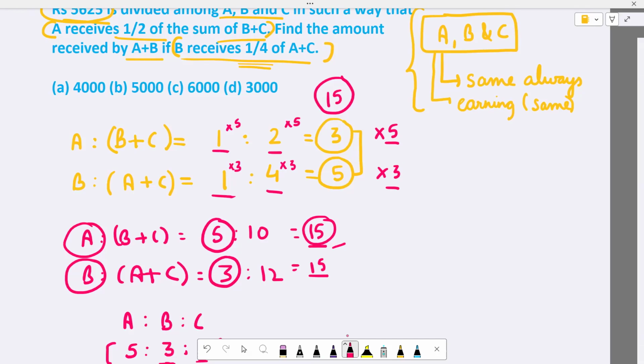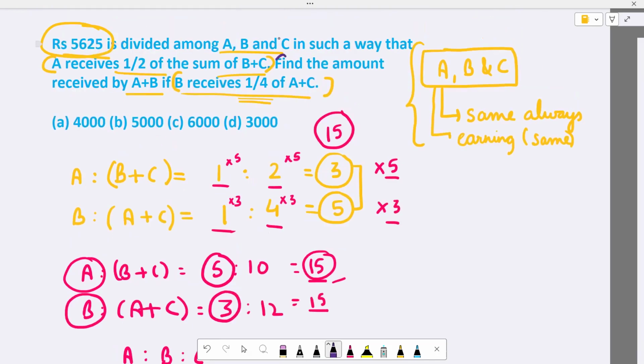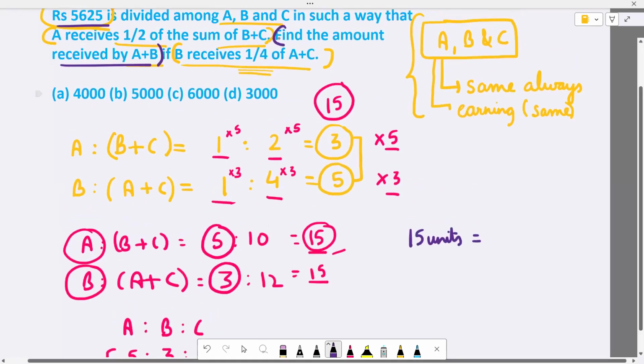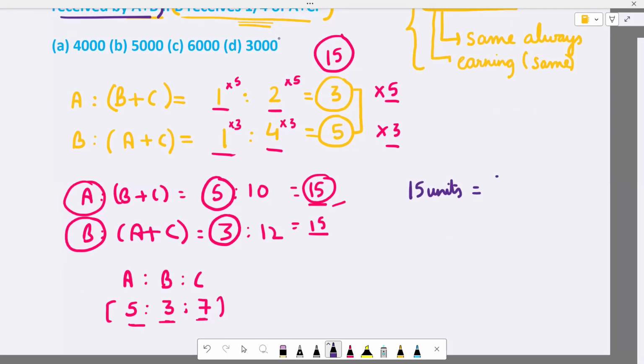Now the question is saying find the amount received by A plus B. This is what we need to find out. I'll just mark it here. Find the amount received by A plus B. And now the total value given to us was 5,625. So in order to compare, first we'll add up the units. So 15 units, since it is the total amount received, will be equal to 5,625.